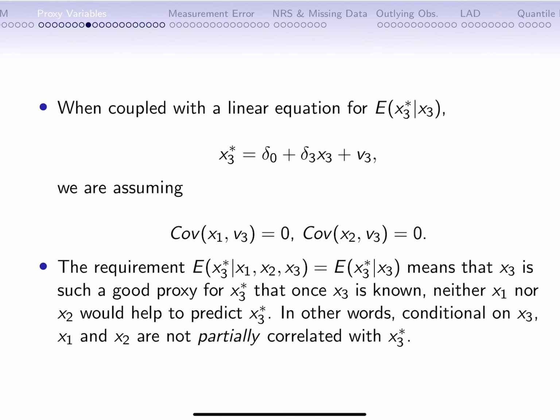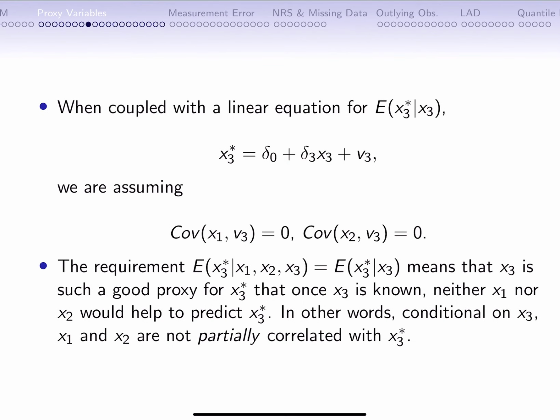So we'll try to understand that using an example. But basically what we're saying is that this relationship should hold, right? If you added x1 and x2 in this regression, x3 star should not be related to that, okay?